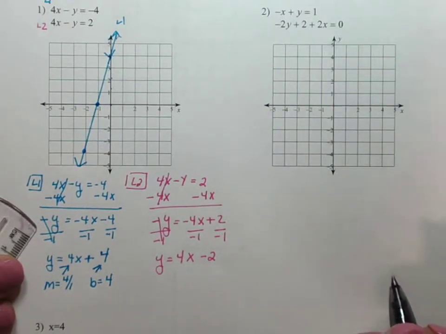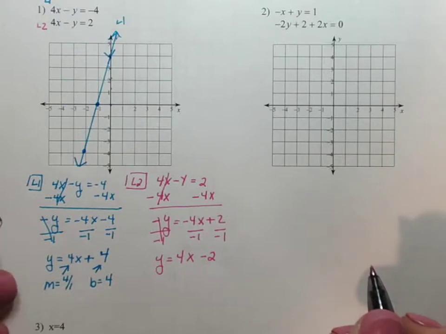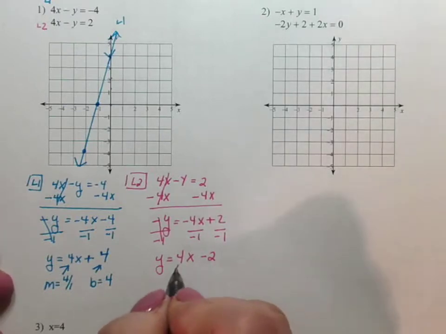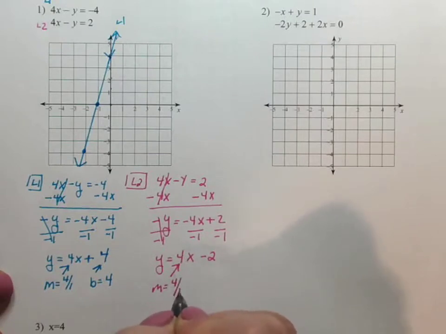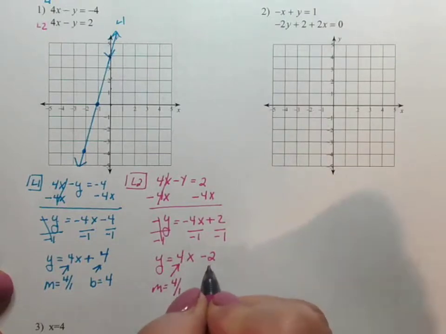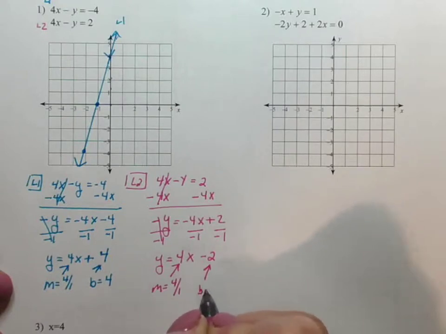And something should be clicking from the notes that you took last class about what's going to happen with these lines. Here, the slope is 4 over 1. The y-intercept is -2.